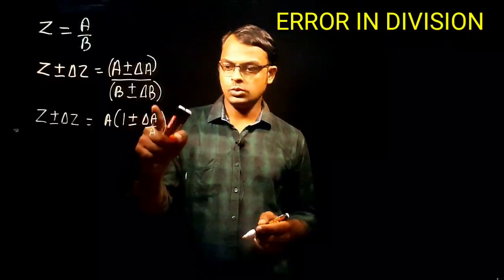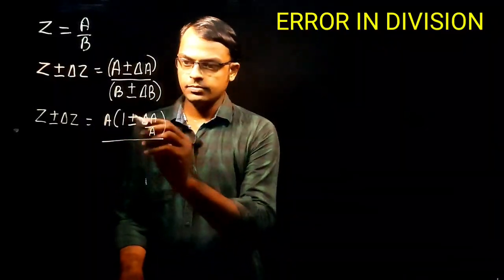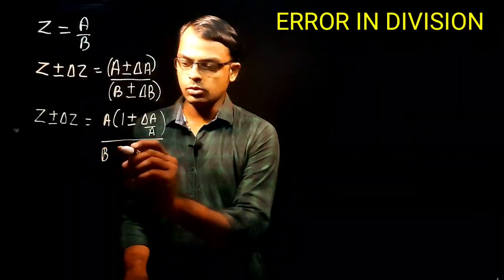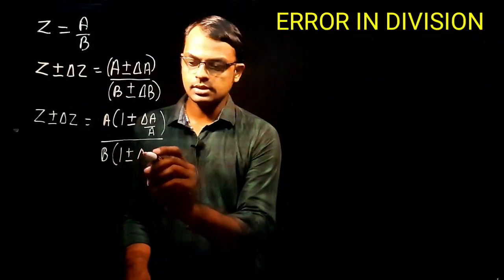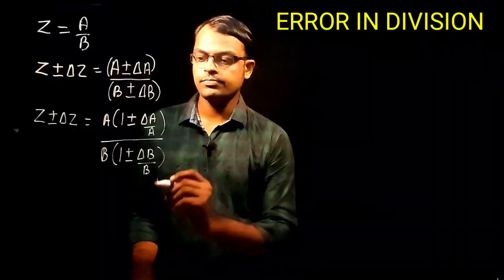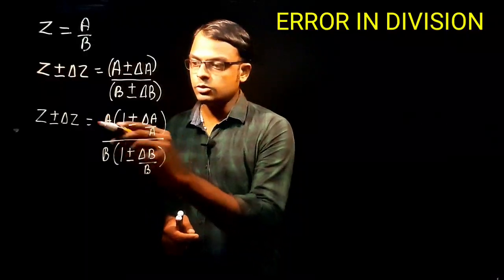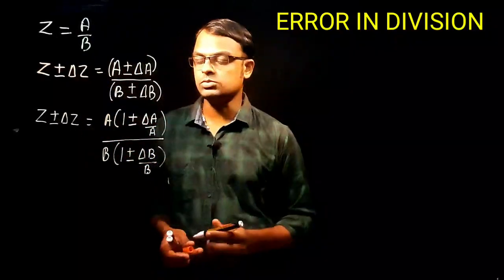Divided by, what is next? Take the B outside. If you take the B outside, B into 1 plus or minus delta B divided by B. Clear? Why are we writing like this? Because A by B is equal to Z. So now to make that A by B, we are writing this.